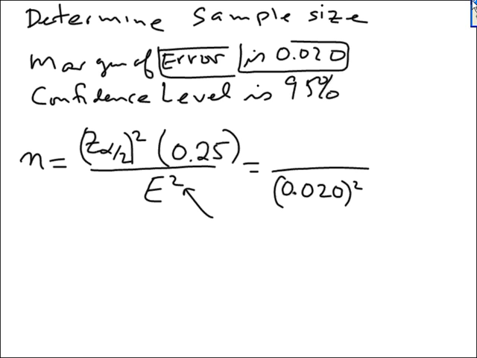And z alpha over 2: alpha is 1 minus the confidence level, 1 minus 0.95, which leaves you a nickel, 0.05.